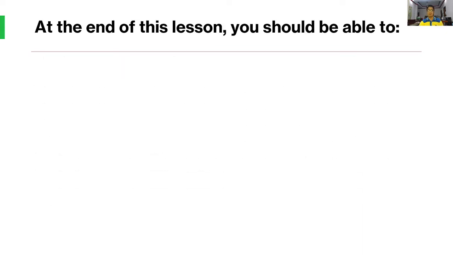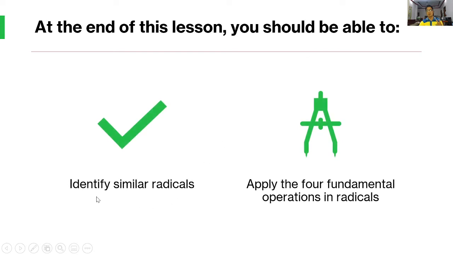As always, every time that we have our study, we have to have our aim. So, for this one, at the end of this lesson, you should be able to. We only have here now two aims. The first one is identify similar radicals. So, we will be talking about similar radicals now. Ano ba yung tinatawag na yan? I thought we only have similar fractions.